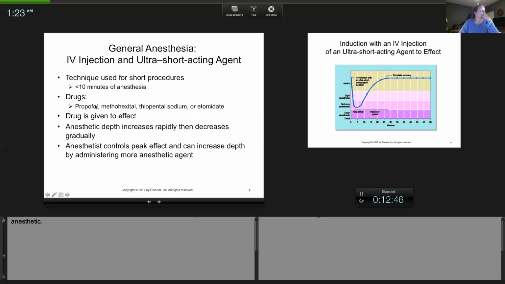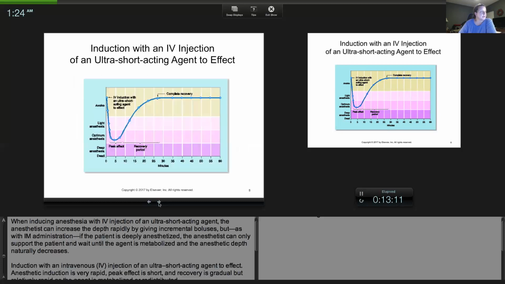So drugs, propofol. We do not use methohexital anymore. That was called Brevital. We do not use that. Thiopental. But on this slide, if you want to write in alfaxin, that would be good. Alfaxin is an IV injection. It's ultra short. Anesthetic depth increases rapidly, then decreases gradually. But the anesthetist has control.